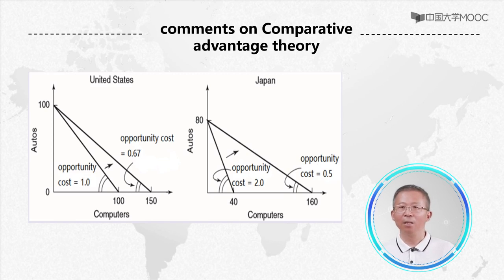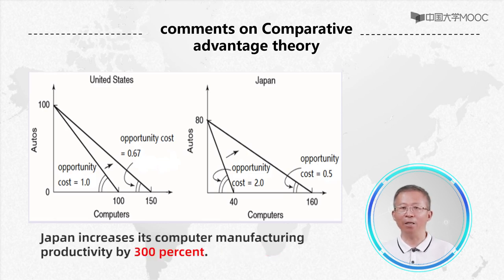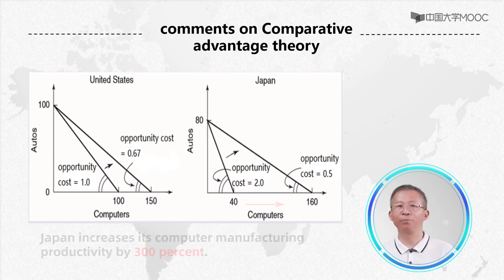Assume that the United States increases its computer manufacturing productivity by 50% from 100 to 150 computers, but that Japan increases its computer manufacturing productivity by 300% from 40 to 160 computers.